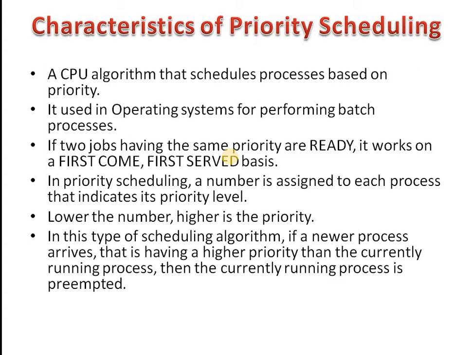In priority scheduling, a number is assigned to each process that indicates its priority level. Lower number is the higher priority. In this type of scheduling algorithm, if a new process arrives that has a higher priority than the currently running process, then the currently running process is preempted.